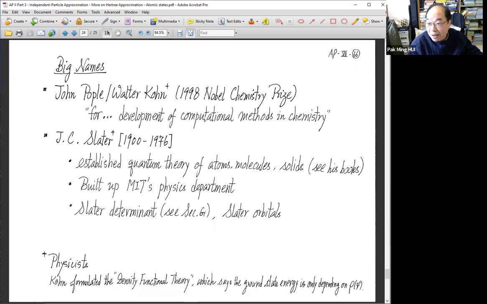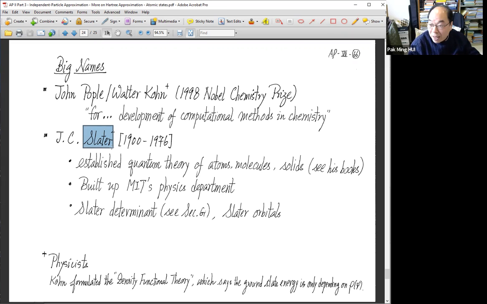Another guy who did a lot of this kind of quantum theory of atoms, molecules, and solids is called John Slater. Next part, you will see his name again in writing down many electron wave functions. It's called Slater determinant. But he did a lot of things on the topics that we discussed here. Basically, simply put, he built up MIT's physics department's reputation to the status it is now.